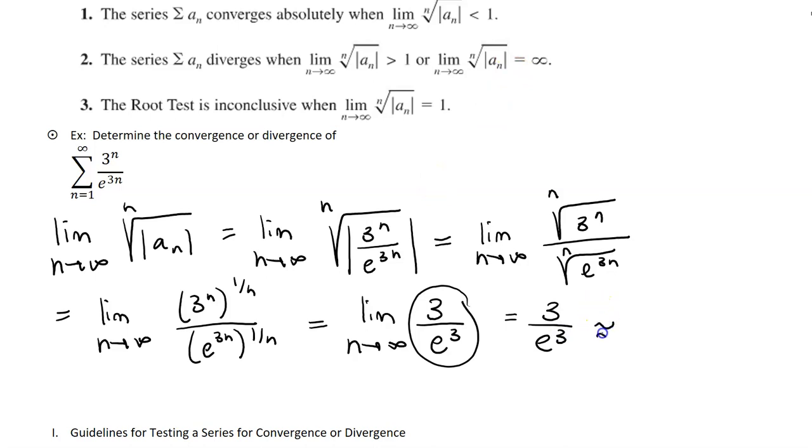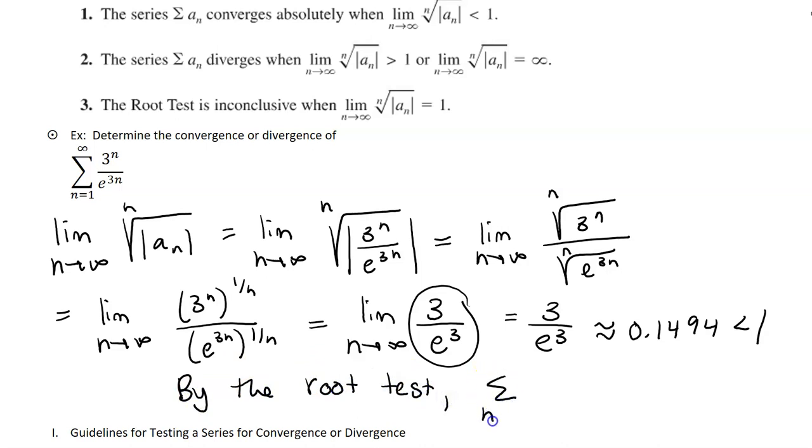Well, if you put this in your calculator, you get a decimal that looks like this, 0.1494, which is definitely less than 1. So by the root test, we can say that the sum from 1 to infinity of 3 to the nth power over e to the 3nth power converges absolutely.